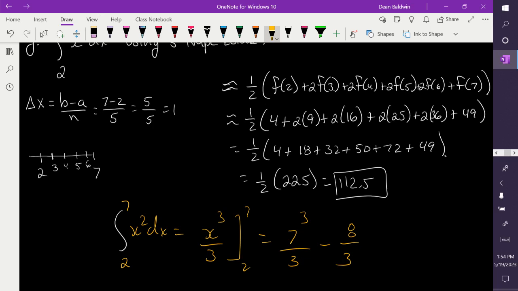That equals 111.6 repeating. So we're off by 1.9. All right, that's pretty good considering we only used 5 trapezoids. Even with a low number of trapezoids, you can get very close to the answer. Obviously, the more trapezoids you use, the better it's going to be.